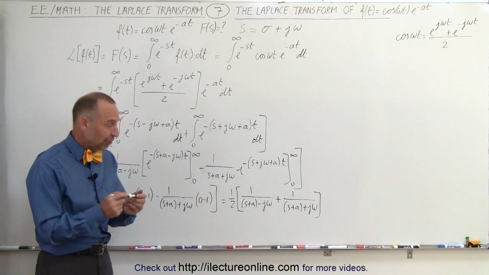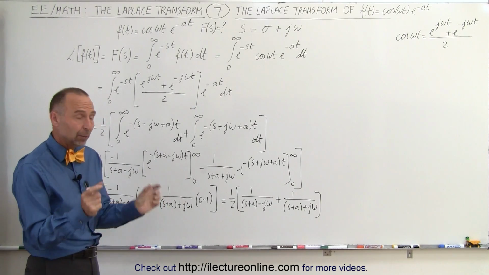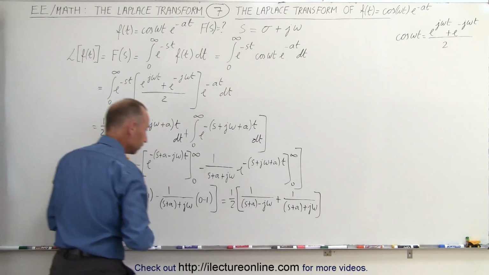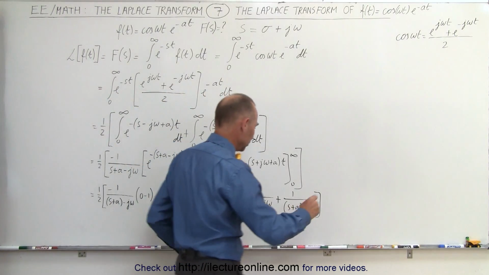Now we need to add those two fractions, which means we need common denominators. The common denominator will simply be the product of those two. So let's see, maybe I'll move up to the right side of the board. I'll have a little bit more room there.